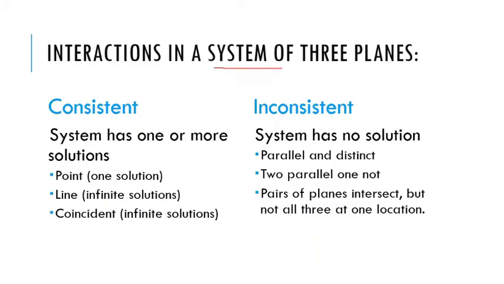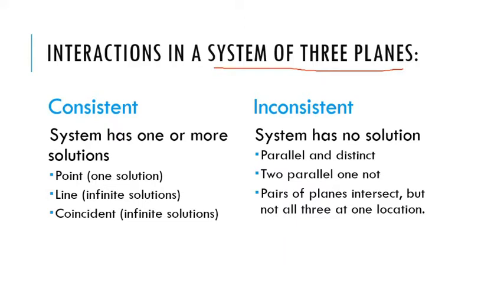All right, so when we're dealing with a system of 3 planes, we can categorize them using one of 2 words. They're either consistent or inconsistent. So when 3 planes are being talked about at the same time, the system can either have one or more solutions, which can take the form of a point, a line, or an entire plane, or they are inconsistent, in which case the system has no solution.